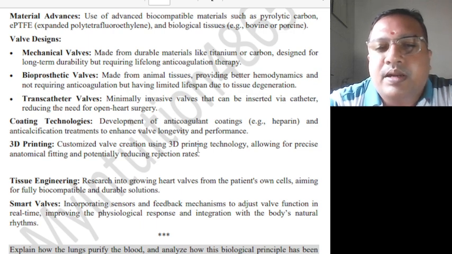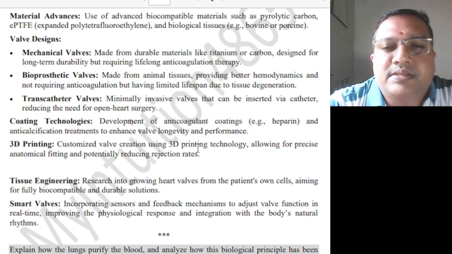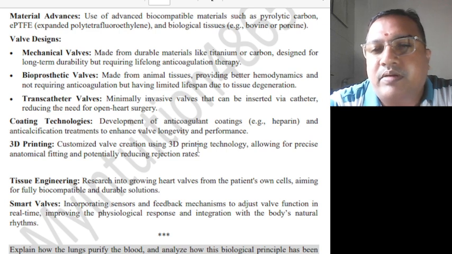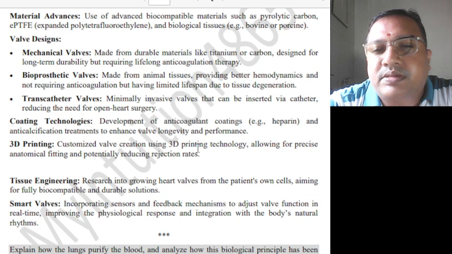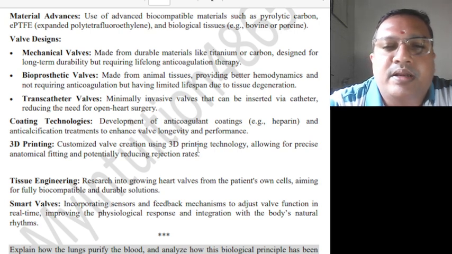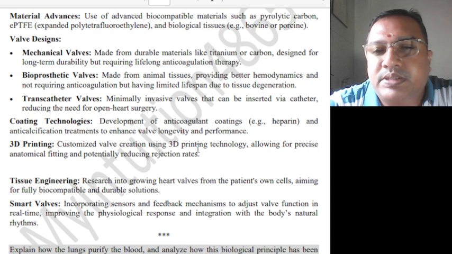Development of anticoagulant coating, that is heparin, and anti-calcification treatment to enhance valve durability and performance. 3D printing: customized valve creation using 3D printing technology, allowing for precise anatomical fitting and potentially reducing rejection rates.